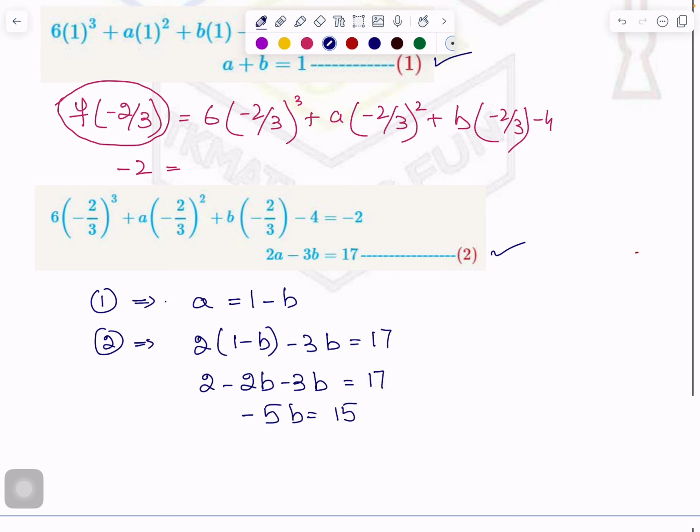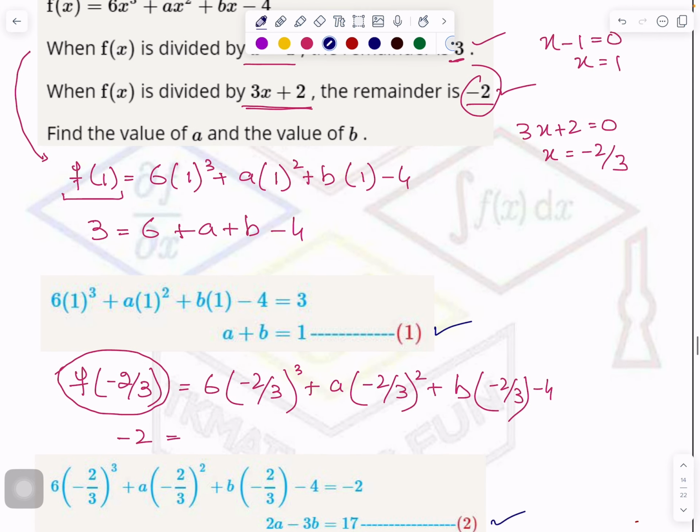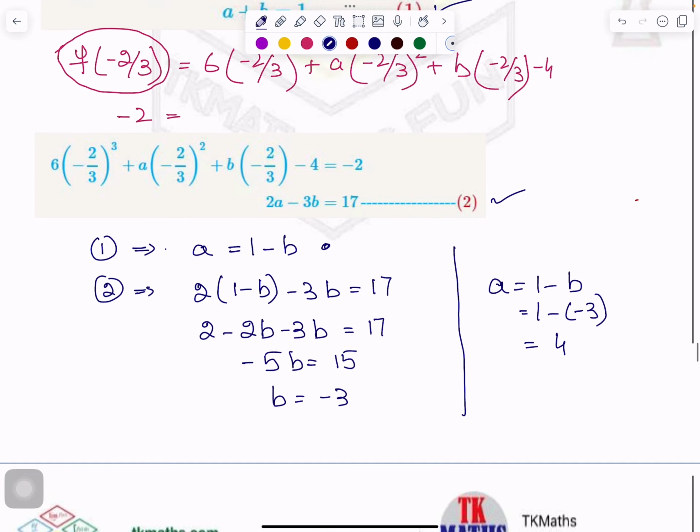So 17 minus 2 is 15. So now b equals minus 3. This value of b you can plug into this equation to get the value of a. So now I got the answer here, 4. This question was saying find the value of a and b, so I have found them out.